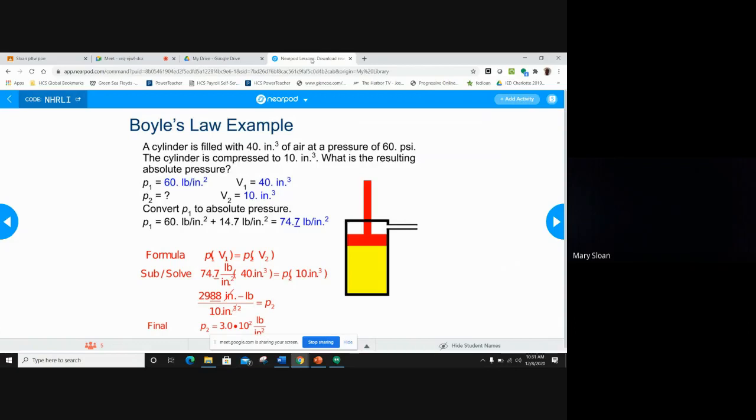That way is different than the way they did it on the PowerPoint, but this is the way I'm relating it to science. So on the calculator, I'm going to do 74.7 times 40 divided by 10.